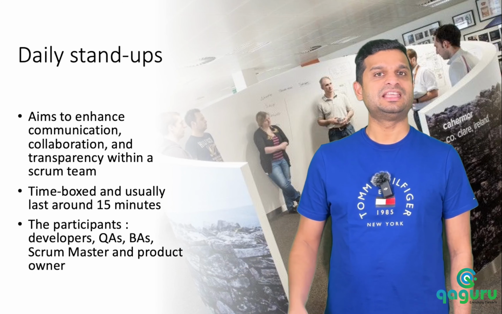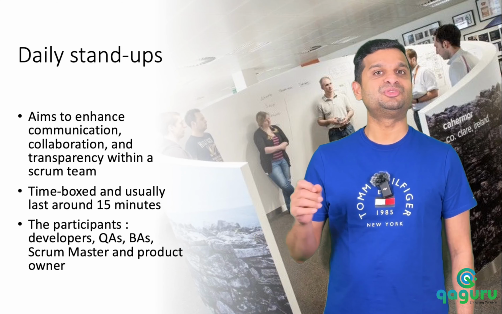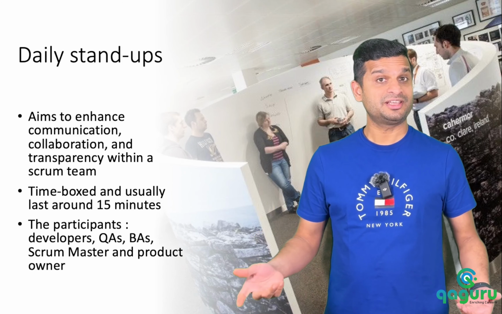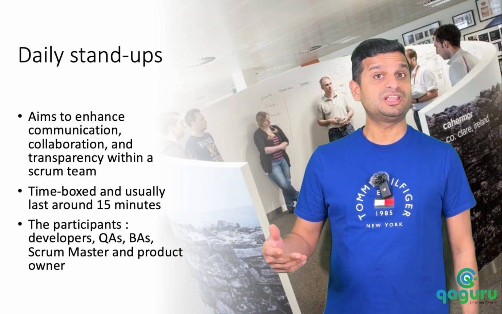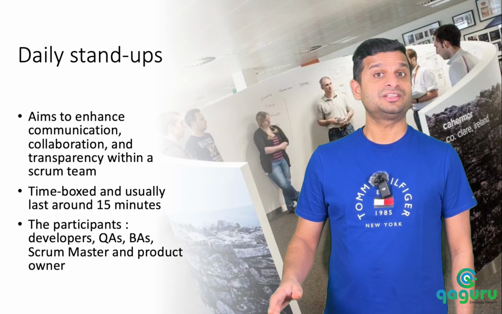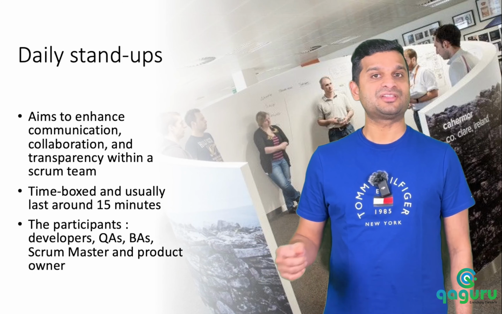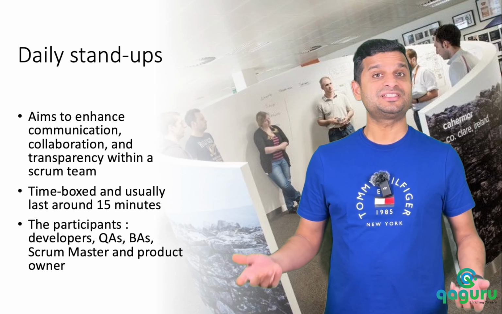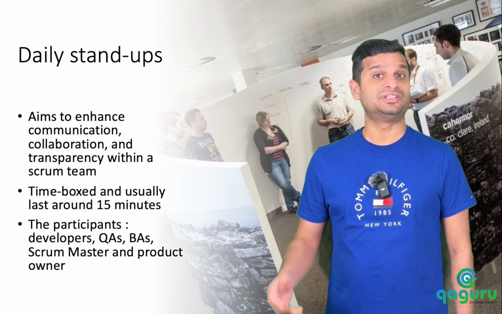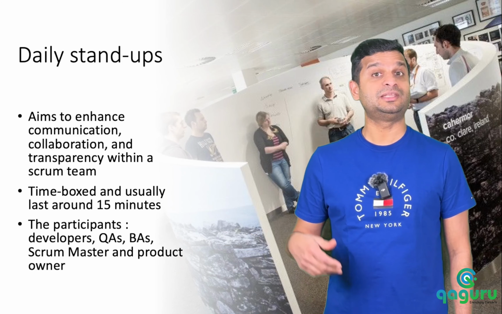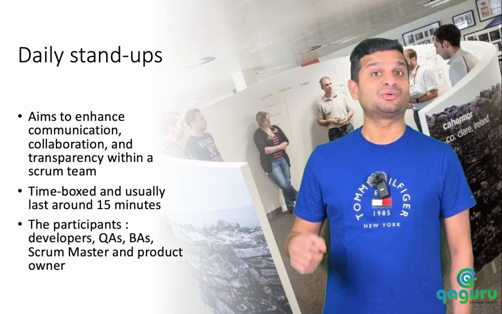During the stand-up, each team member answers 3 questions. What did I accomplish yesterday? What will I work on today? Are there any obstacles or challenges blocking my progress? By answering these questions, team members keep each other informed about their progress, identify any potential roadblocks, and collaborate to find solutions.